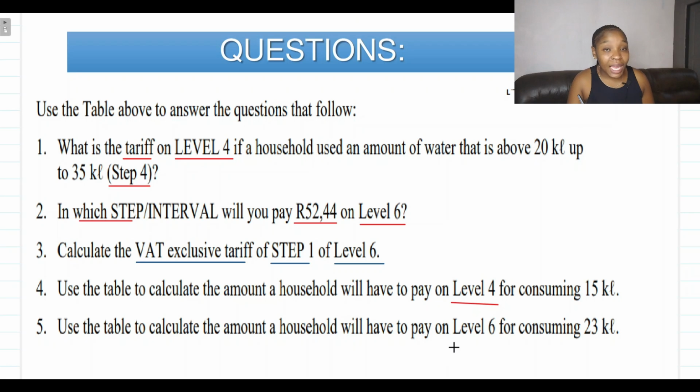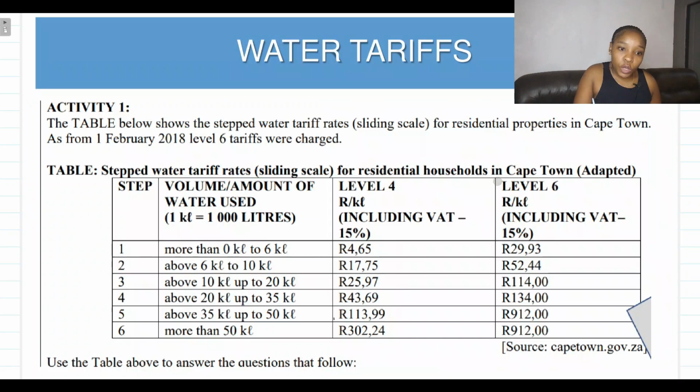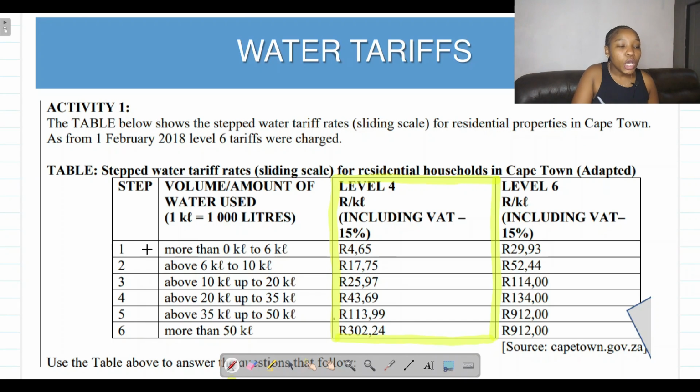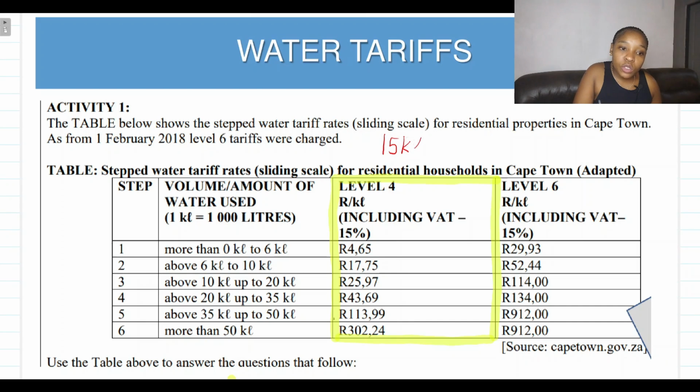And how many kiloliters of water has the household consumed? 15 kiloliters of water. So let's go on to our table. Level number 4. This household has consumed 15 kiloliters of water.